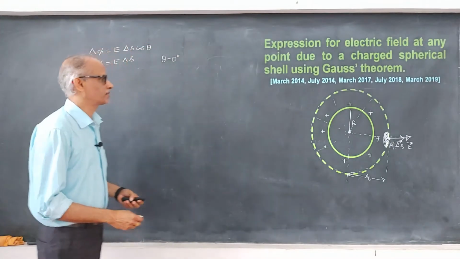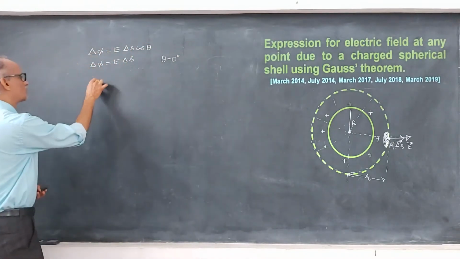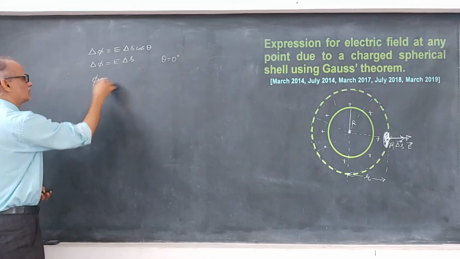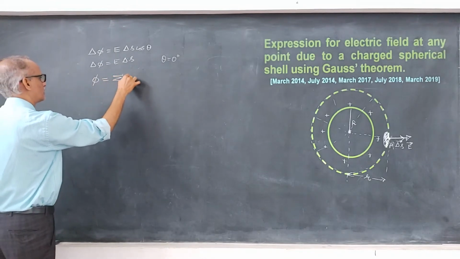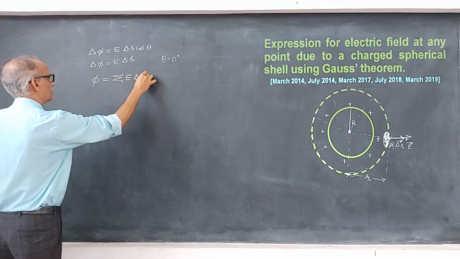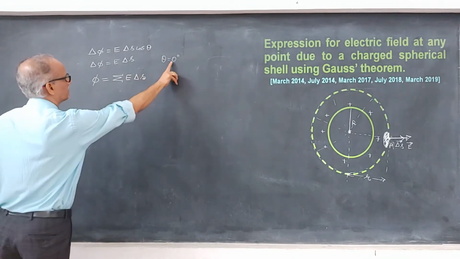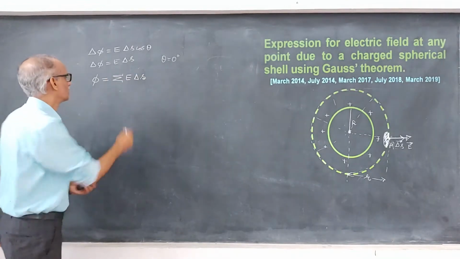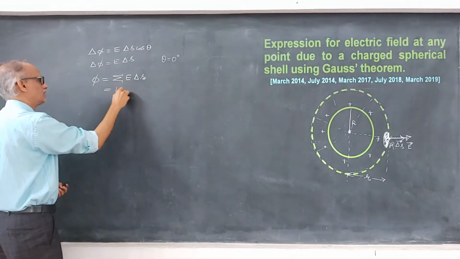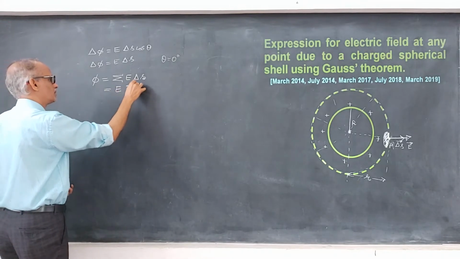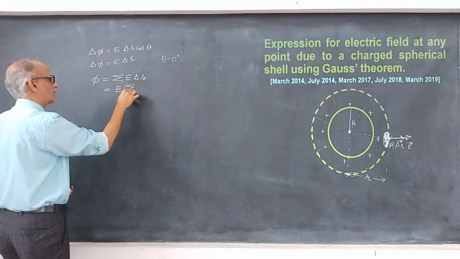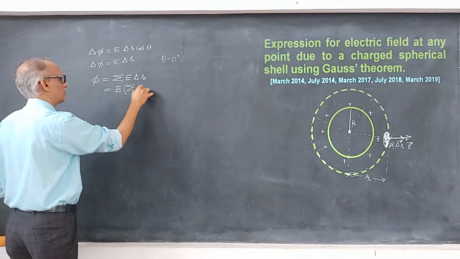So, now we can measure the total electric flux, which is equal to summation of E delta S. Theta is always 0, so that is E into summation of delta S, because E is the same at each and every point.